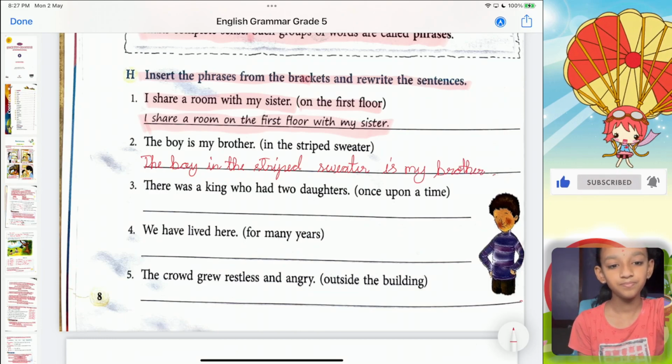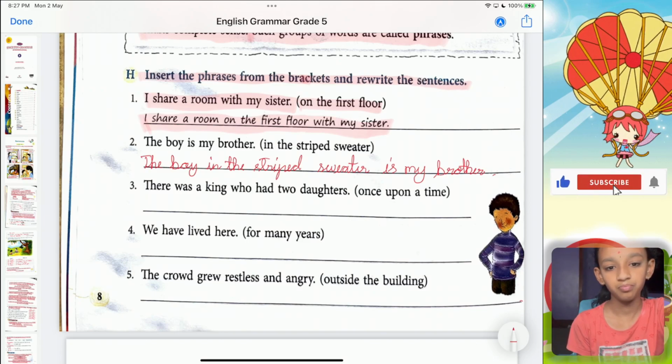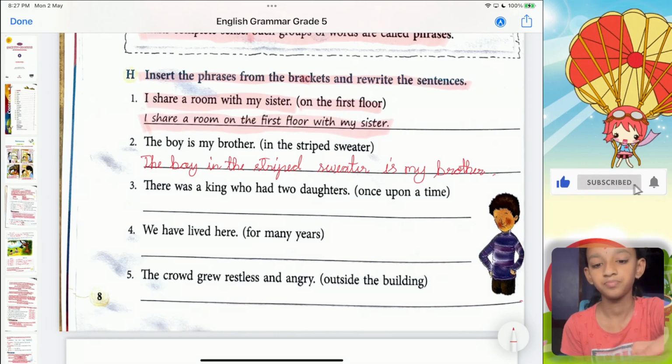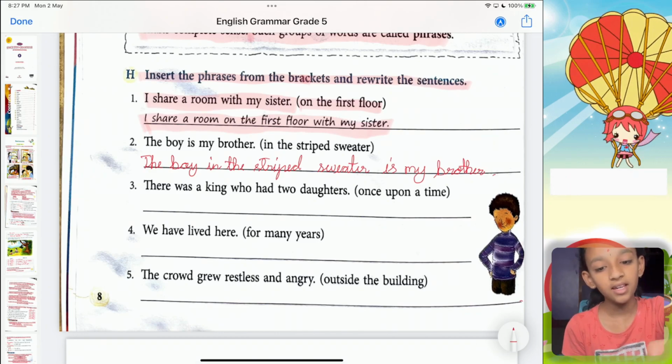There was a king who had 2 daughters. Once upon a time is a phrase. So how would you rewrite these sentences? Once upon a time, there was a king who had 2 daughters.